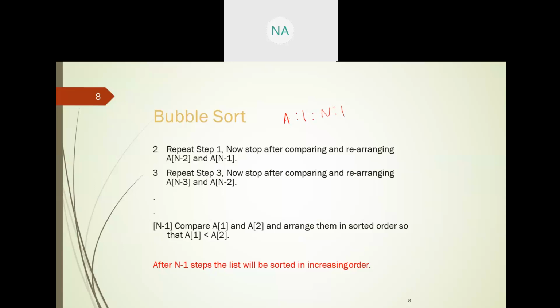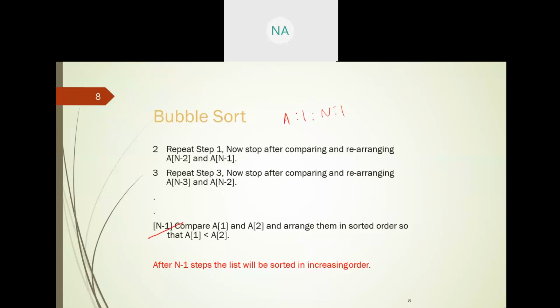In this way, how many passes will you have? You will have n minus 1 passes. In the n minus 1 pass, you will be comparing a1 and a2. In the subarray, we will have only two elements, a1 and a2, so you will compare a1 with a2 and arrange them in proper order. After that, the largest n minus 1 elements will be at their proper positions, and the subarray will have only one element.